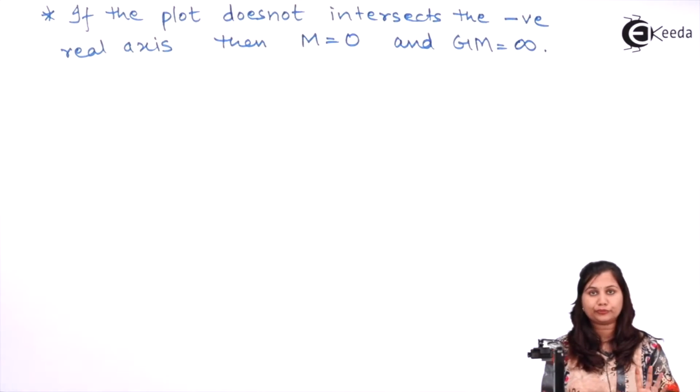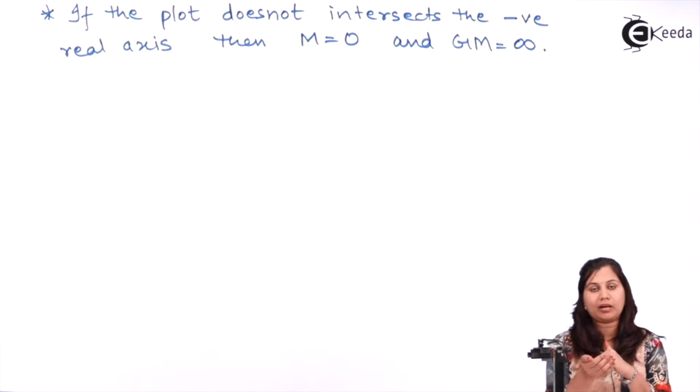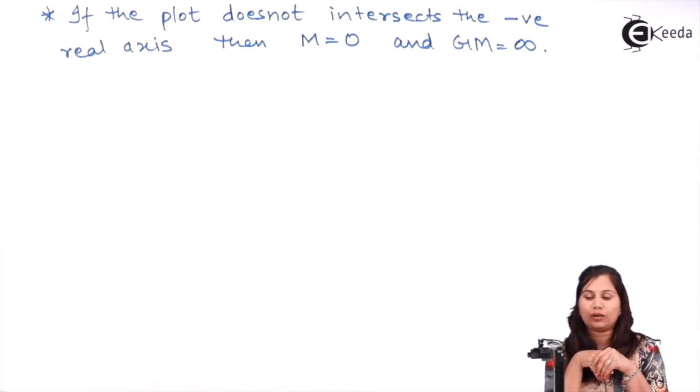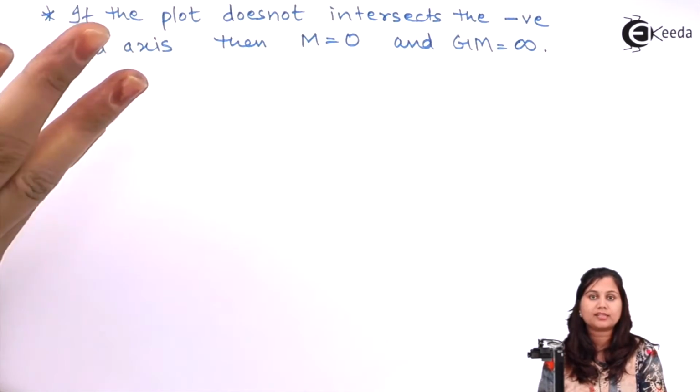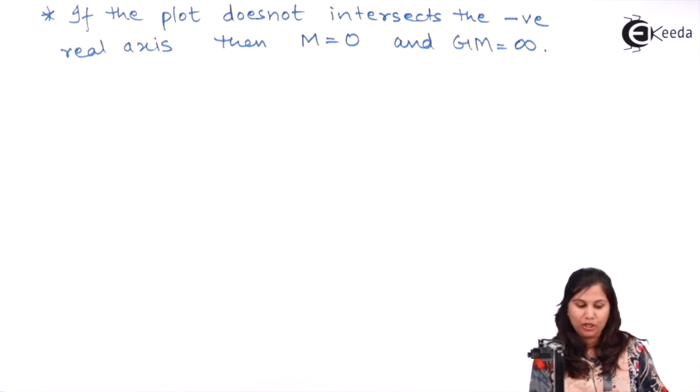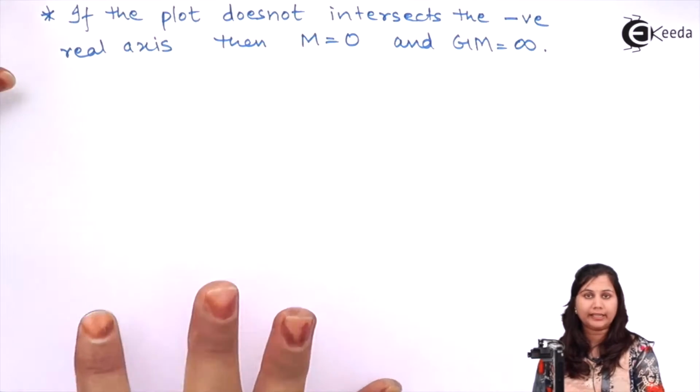So these are the four conditions: when the gain margin is positive, when gain margin is negative, when gain margin is 0, and gain margin is infinity. These are the four conditions depending upon which we can define the stability of the system. So this was all about the gain margin.